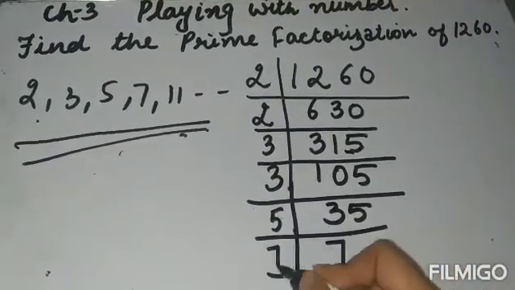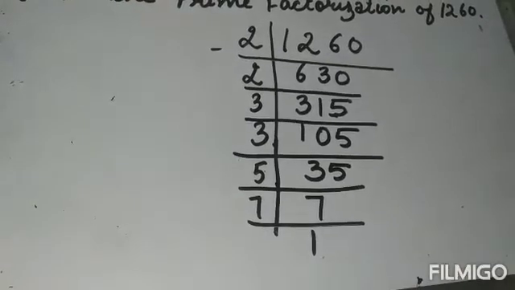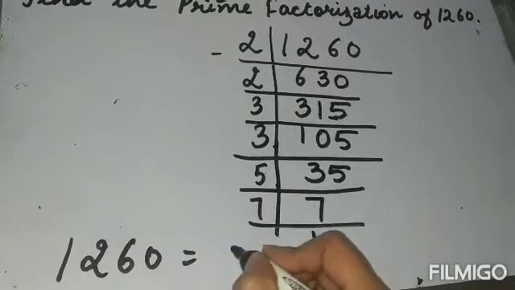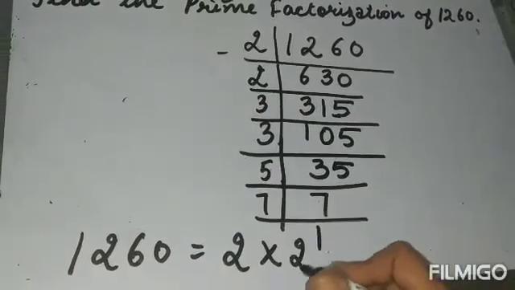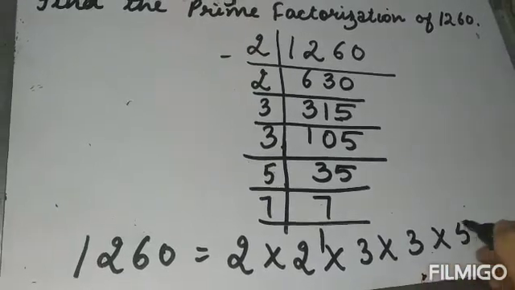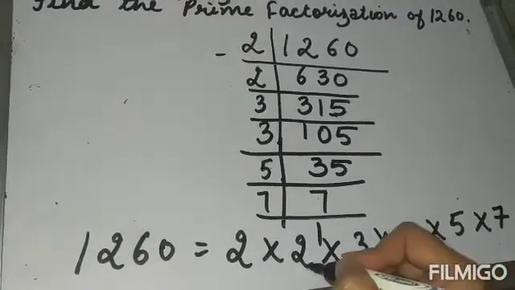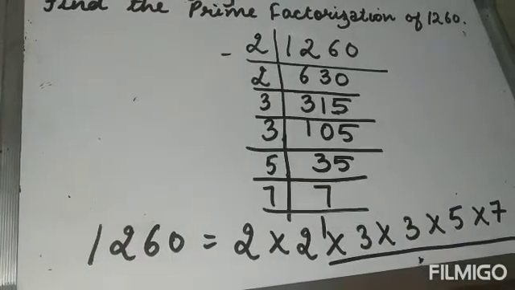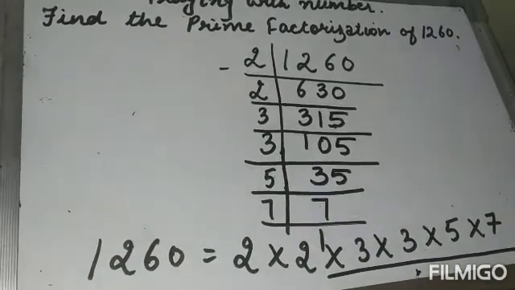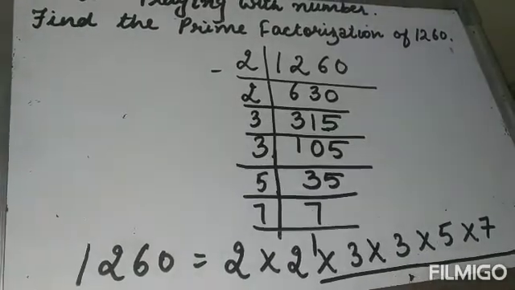And 7 ones are 7. So 1260 can be written as 2 multiplied by 2 multiplied by 3 multiplied by 3 multiplied by 5 multiplied by 7. So this is the prime factorization of 1260. I hope you are clear with the concept of prime factorization.